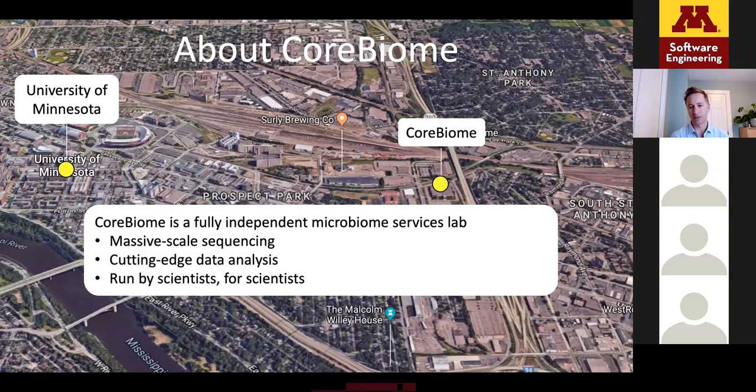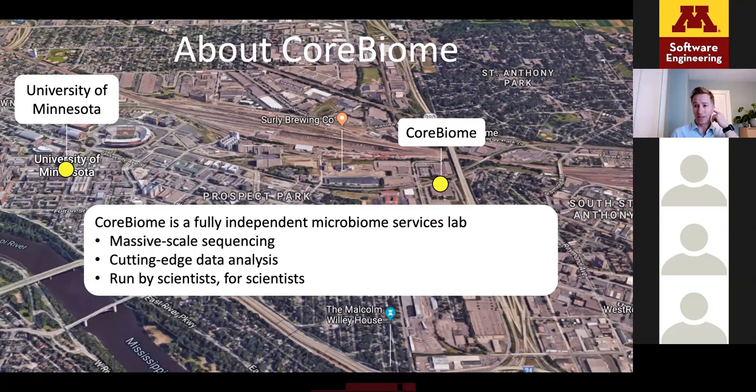And so we started this company that we called Core Biome, that was basically a high throughput microbiome analysis lab that had its own sequencers, its own staff, and all of that.